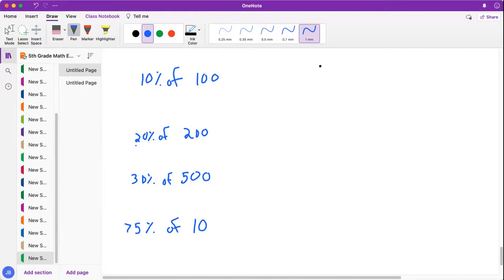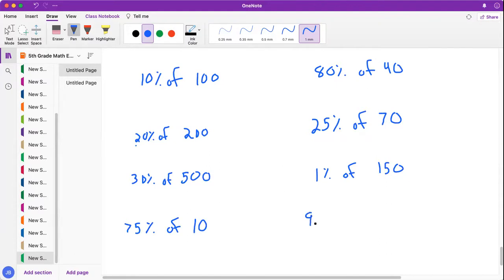All right, let's see. Now we'll go 80% of 40, 25% of 70, 1% of 150. And then we'll go 90% of 1,000.